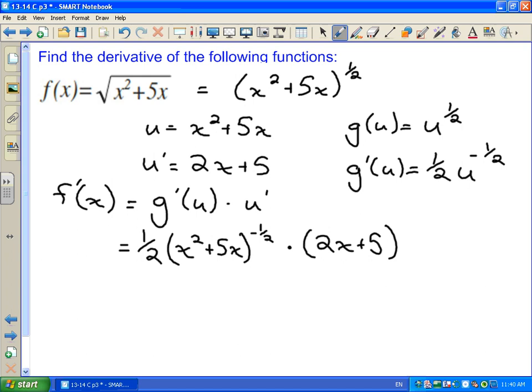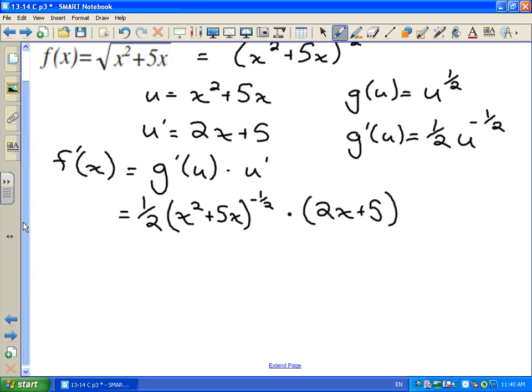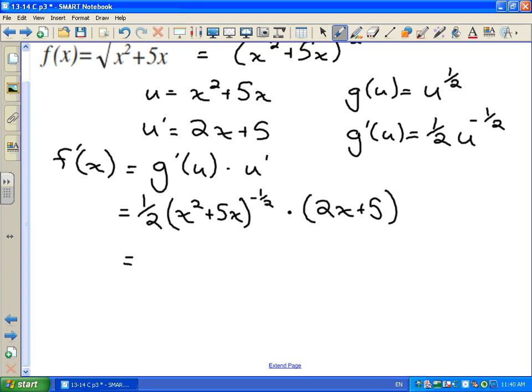And the only thing left to do is simplify this a little bit. Okay, clean this up. So what can we do to sort of rearrange this a bit? Yeah. Negative exponent here, it's going to go down in our denominator. So this is going to become the square root of x squared plus 5x down in our denominator. And up in the numerator, we're going to have, well, everything else, 1/2 times 2x plus 5.